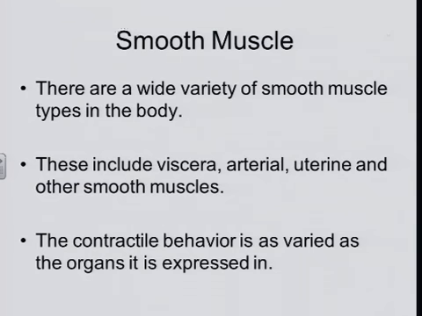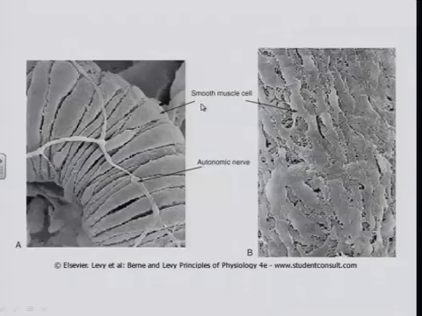They line many of the ducts and veins. And because they need to contract for different lengths of time and in different ways, their contractile behavior and their control of contractile behavior is really variable. You could spend easily a whole course on smooth muscle types, variability, and how they function. But it is important to know at least some of the generalities of it.